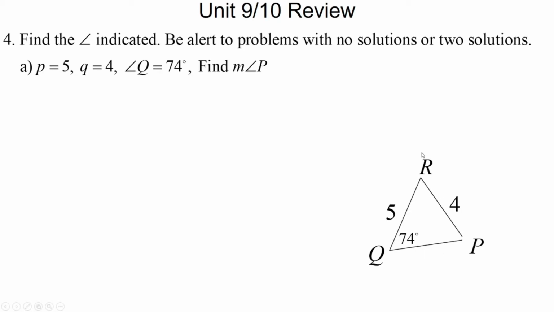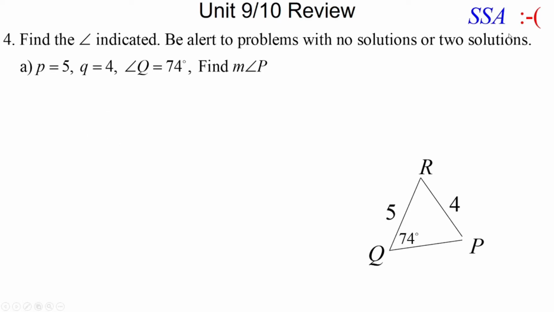All right, well, remember, this is side-side-angle. And with side-side-angle, I've got to realize that I might not have a triangle at all there. Angle P may not exist, or I might have one right triangle, or I may have two triangles, one acute and one obtuse. Okay, so let's find out.